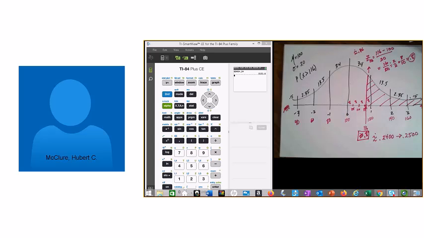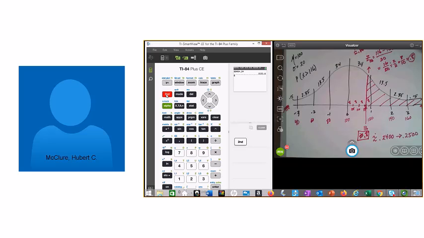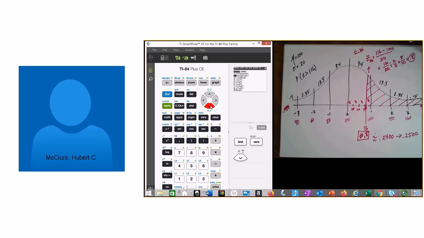That's it. So we take our handy dandy calculator and we say second, bars, and go down to normal CDF. Now, if you have a new calculator, you don't have to change that to a z-score.